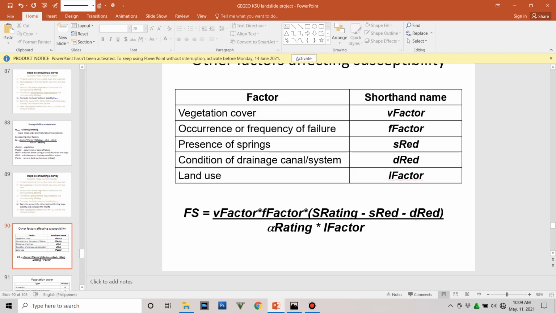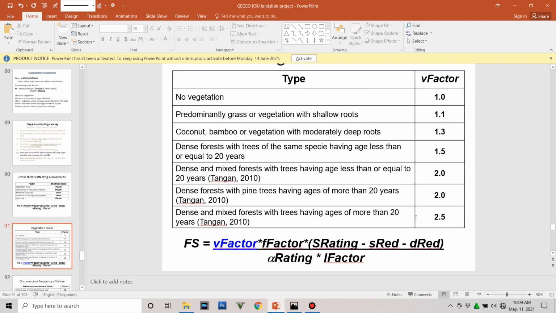V factor is the vegetation cover. F factor is the frequency of failure. S red is the reduction due to spring. D red is the reduction due to the condition of the drainage or the canal system. And then the land use factor. So i-apply mo lang yung formula ng FS dyan. Then you can get the factor of safety.